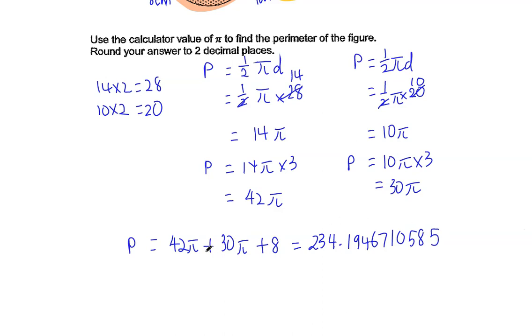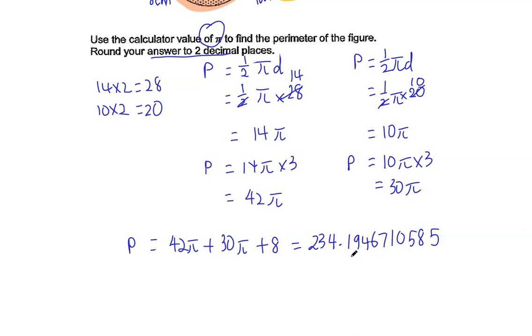According to the instruction, they want you to use the calculator value of pi, right? You cannot take pi as 22 over 7 or 3.14. You use the value of pi in your calculator. When you punch the numbers in, you will get this long string of numbers, and the instruction says that you have to round off your answer to 2 decimal places.